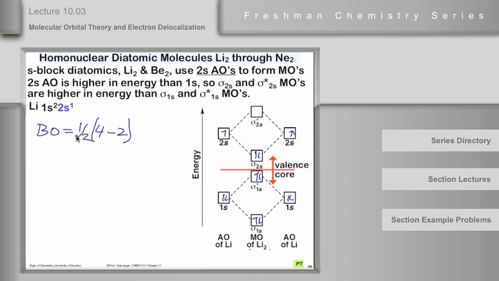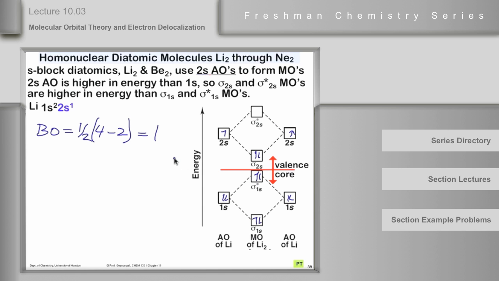So it's 1/2 of 4 minus 2. Would you look at that? It's 1. So you get the same result. But it sort of implies that these electrons have something to do with bonding, and they don't. A filled bonding molecular orbital and a filled antibonding molecular orbital cancel one another out as far as bonding goes. So I appreciate you pointing that out. I should have fixed that, and I just didn't notice it.